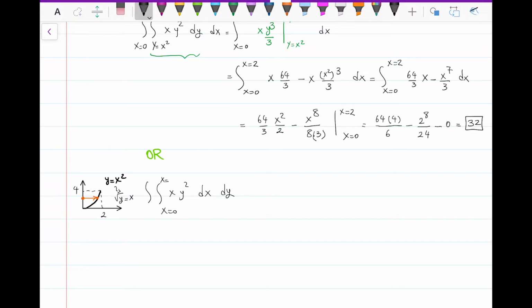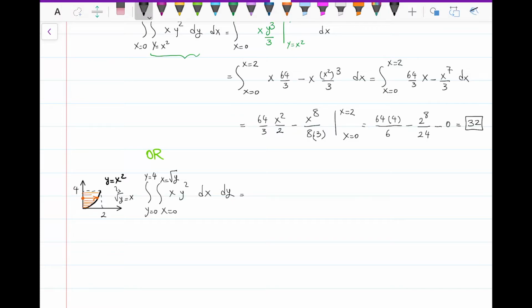So x equals square root of y. And now to cover the whole region R, all I need to do is to start at this point and then go up, okay? This point is y equals 0, and I need to go up and draw the lines to cover the whole region R. So it is y equals 4. That's it. I set up the integral.